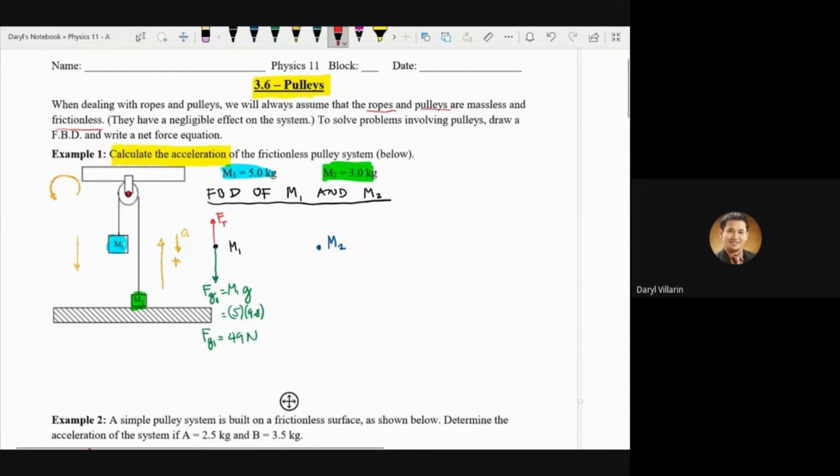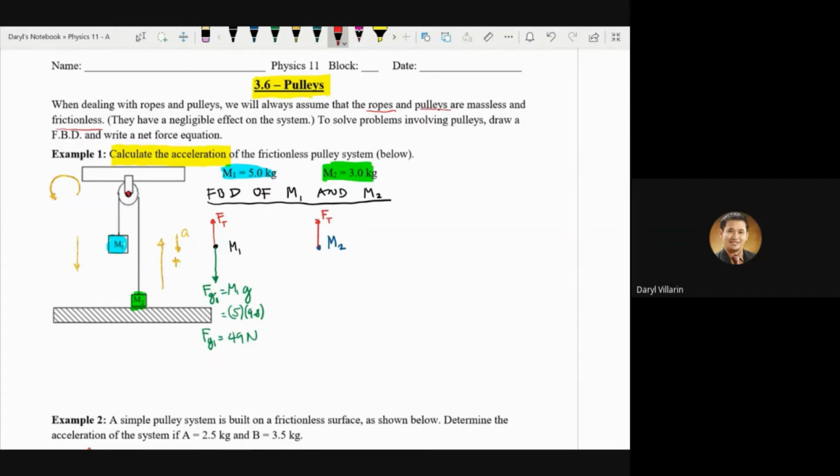So in this particular case, the tension felt by my M1 is actually the same tension felt by my M2 here. So this FT has the same magnitude as the FT in my M1. Again, that is true in this particular case because we neglect the effects of friction, as well as the weight of the rope. So that somehow simplifies our problem.